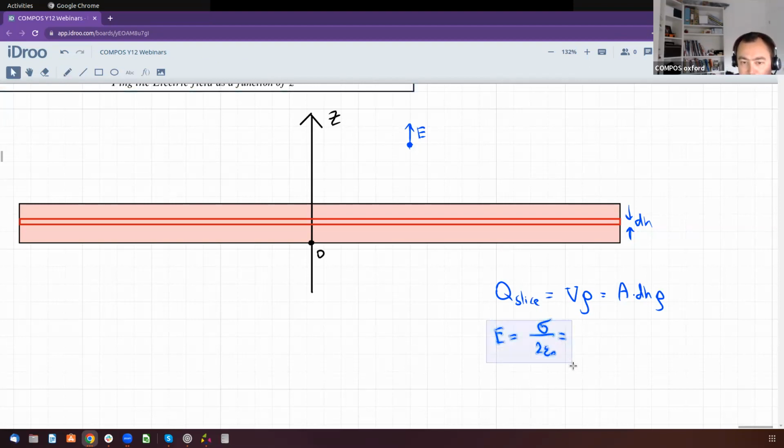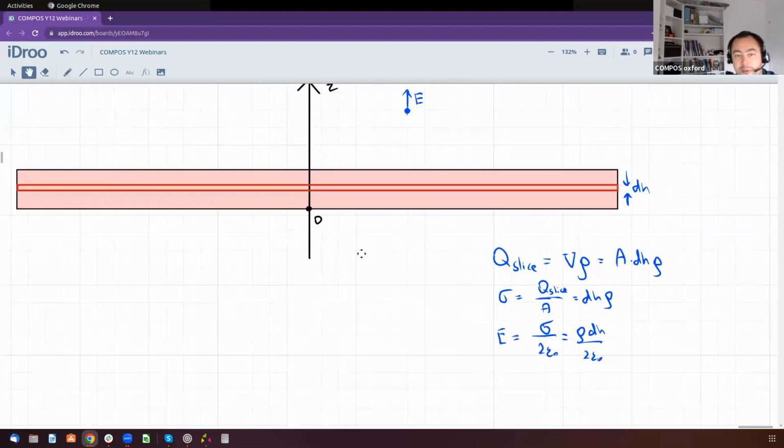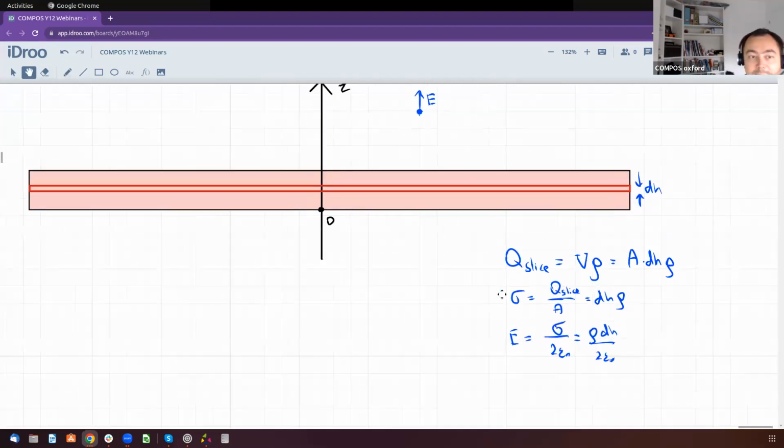So area cancels out, doesn't it? So we have sigma is Q of the slice divided by area of the slice. So it's going to be dH times rho. So in other words, this is going to be rho times dH over 2 epsilon naught. The electric field produced by this thin slice.